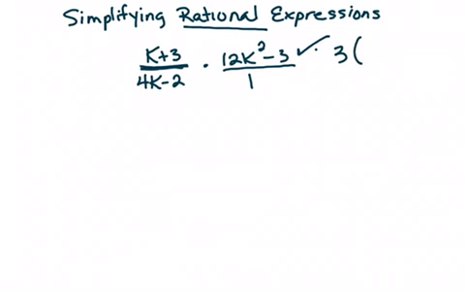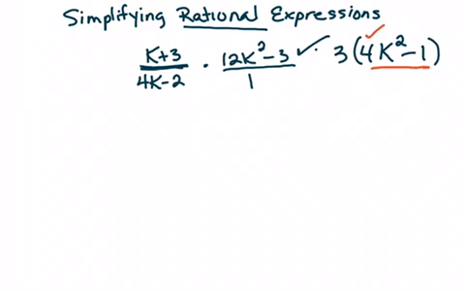And what do I have left? Well, I would have a 4k squared minus 1. Okay? Well, now, when I look at this part of the expression right here, that is the difference of two squares.